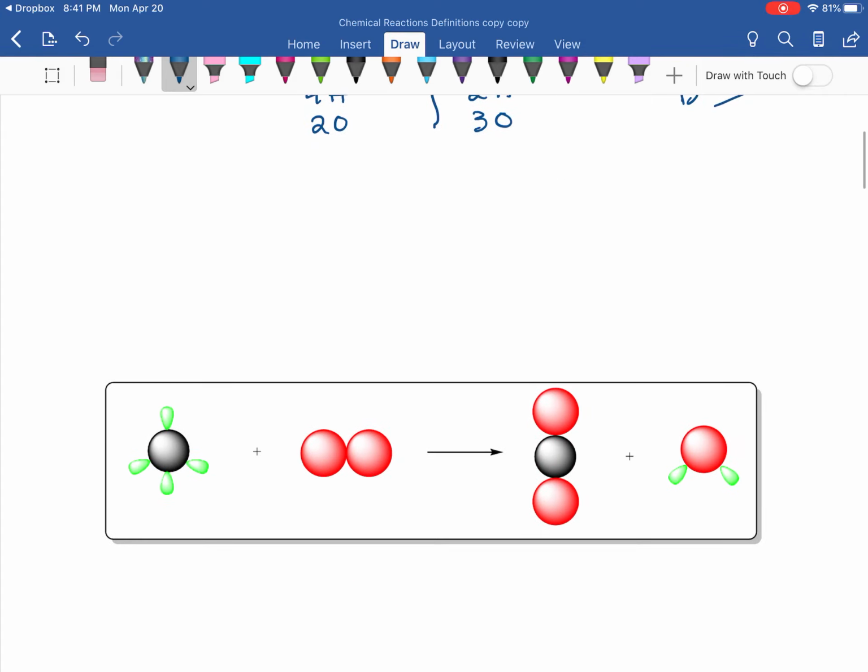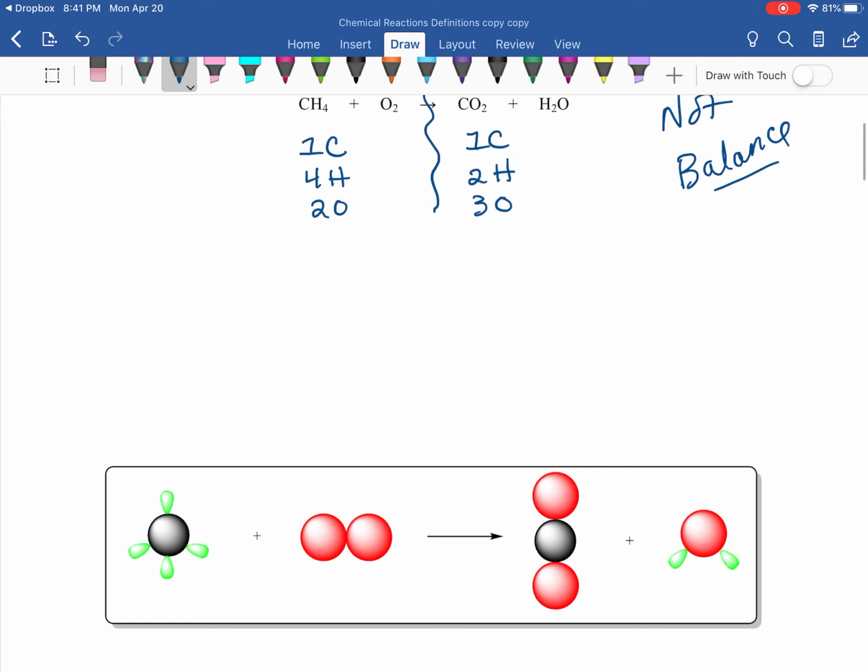So we're going to take the rest of this video to balance our reactions. And I stole an idea from a textbook, but I drew my own. I wanted to give a little graphic. So if we're looking at our reaction, literally, these are our atoms. My little green there, those are your hydrogens. This little black ball is your carbon. And these 2 very inappropriate looking red balls are your oxygens.